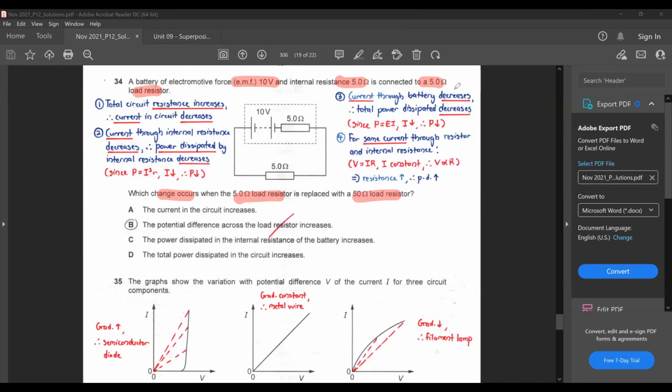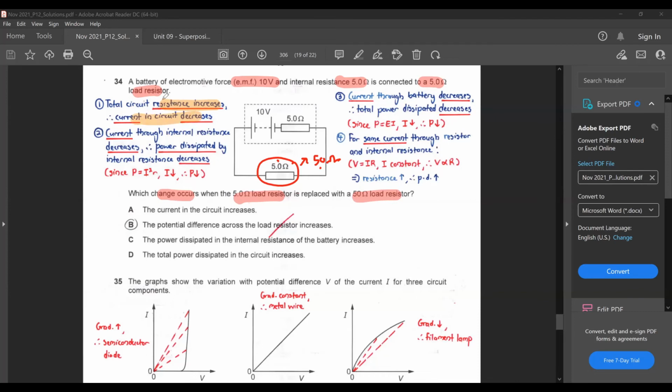So right now, they're asking what happens if this 5 ohm is changed to a 50 ohm load resistor. One of the first things that would happen is that your total circuit resistance will increase. Total circuit resistance increases, total current in circuit will decrease.